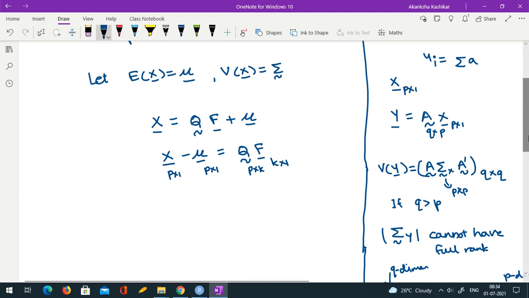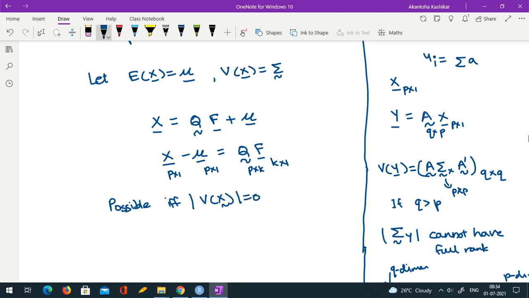So here that is exactly what we are trying to do. K, we said, is supposed to be less than p. So we are taking some transformation on F to get a higher order vector. This would be possible if and only if the variance covariance matrix of X is singular.